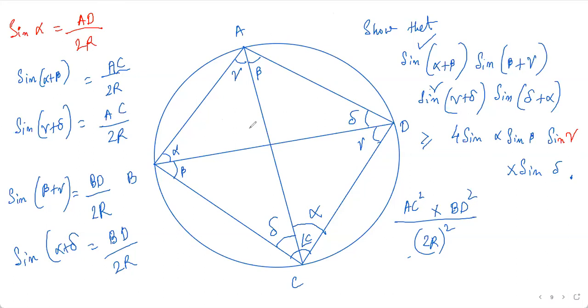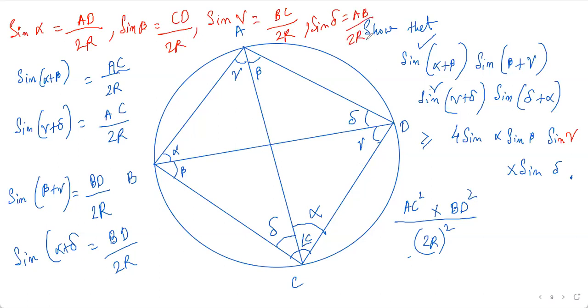Again, ABD also has the same circumcircle, and similarly the others: sine of angle beta is CD by 2R, sine of angle gamma is BC by 2R, and sine of delta is AB by 2R.